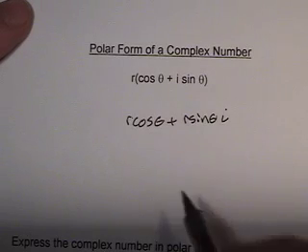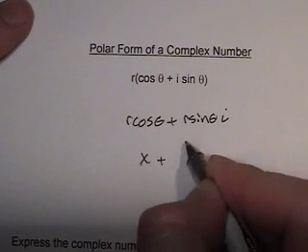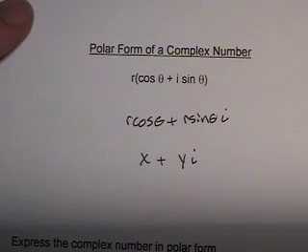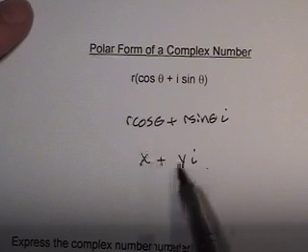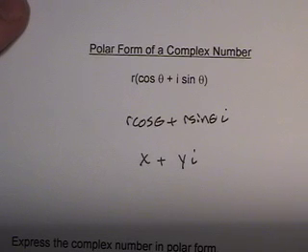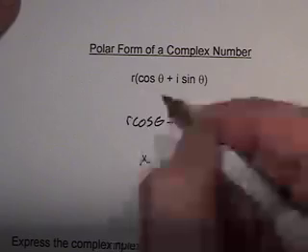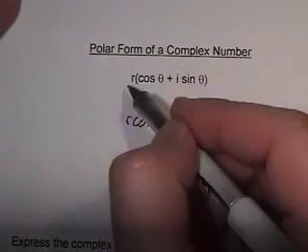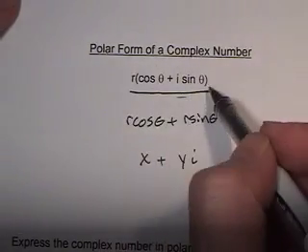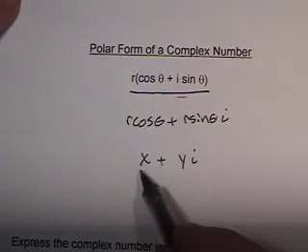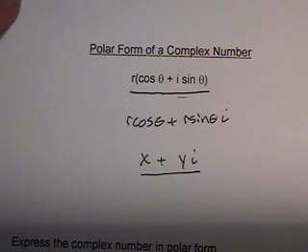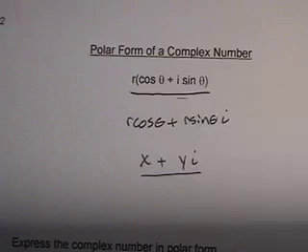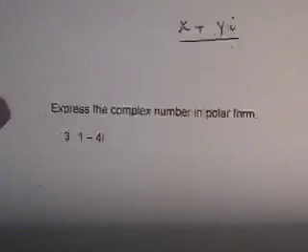R cosine is just x, r sine is just y. So here I have the real part and the imaginary part in terms of x's and y's. My a's and b's before were pretty much just x's and y's. So here would be rectangular, here would be polar. How do I know the difference? Polar has r and theta, rectangular has x and y. So there's a little bit of polar rectangular going on.